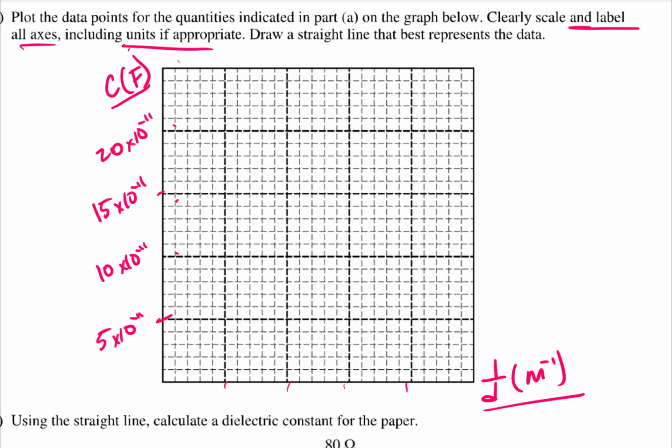We only need to take up about half of the graph. So let's go 25, 50, 75, 100. Actually, just to expand that a little bit, I think we're going to go 20, 40, 60, 80, and then 100. That's going to be our graph there.